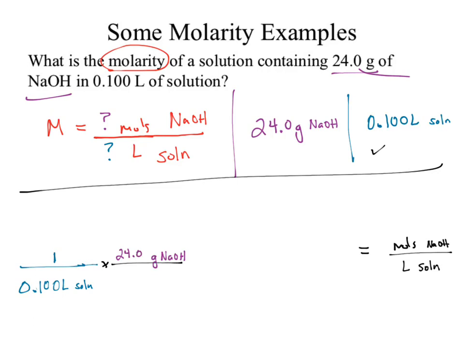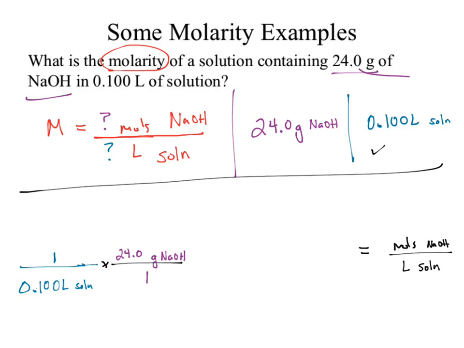What am I converting that grams of, or in that given information, grams of sodium hydroxide, what am I relating those grams of sodium hydroxide to? Nothing. That's it. Grams of sodium hydroxide, which means what shows up in the denominator? 1. Because I do not want to change the meaning of the unit given or the number given.